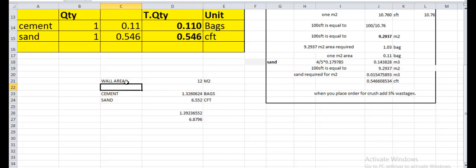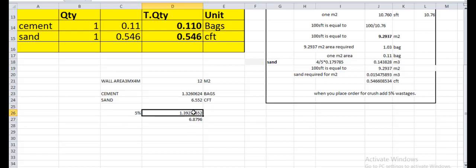For example, you have a wall with a length of 3 meters and a height of 4 meters. You can easily calculate 12 square meters. For the cement, you use these 12 square meters with the formula we already got for the number of bags. Similarly for the sand, you have the formula, 12 multiplied by this. Then add 5% for safety and 5% for wastage.